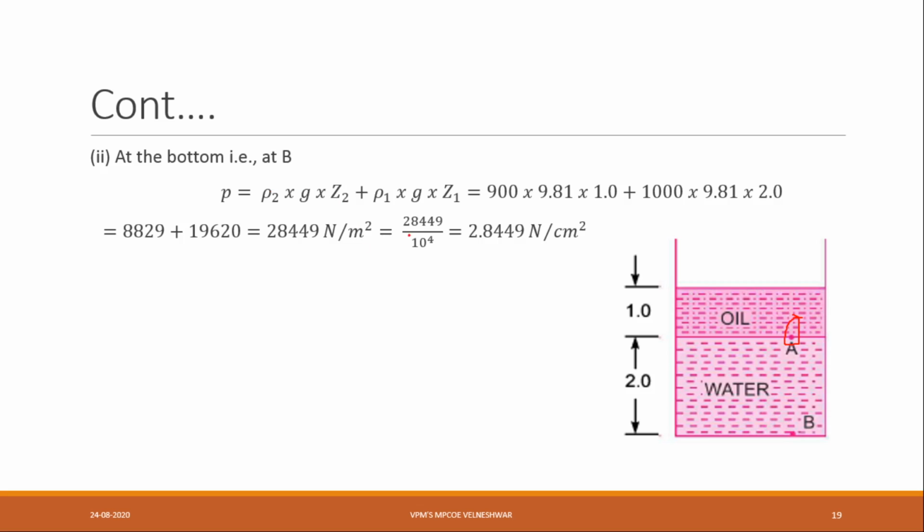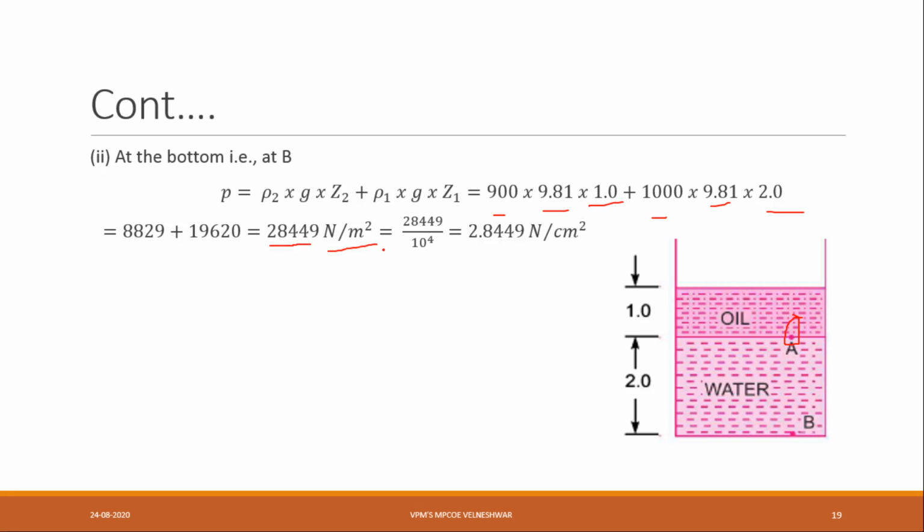Rho 2 into G into Z2 plus rho 1 into G into Z1. What is rho 2 here? 900 into 9.81 into 1.0 plus 1000 into 9.81 into 2.0. By calculating both, I get the value 28449 Newton per meter square.